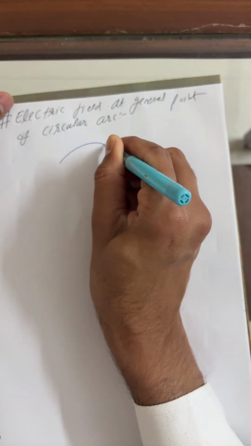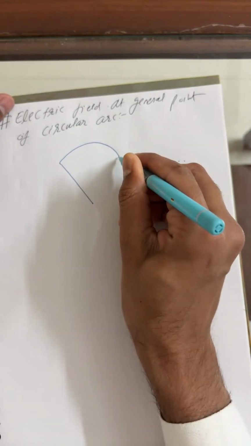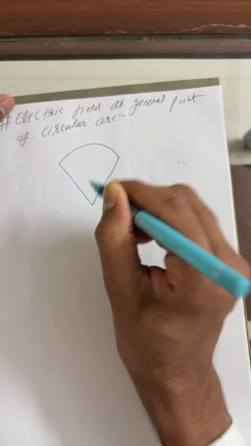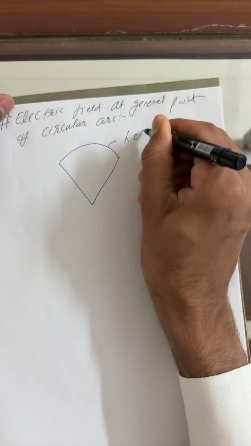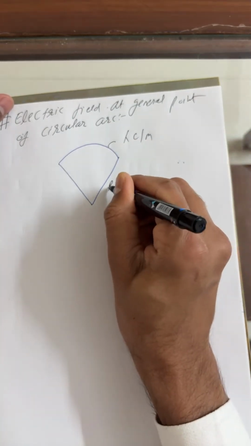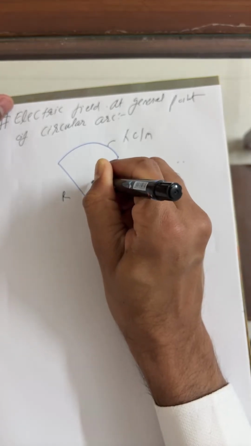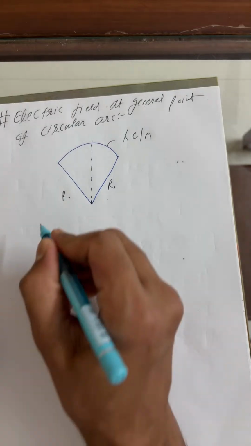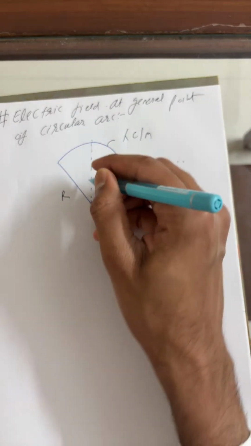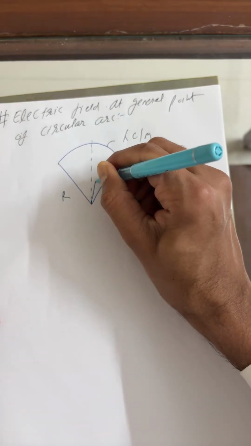Let us suppose I'm considering a circular arc. This is the radius of this circular arc, with charge lambda coulomb per meter. This is the radius r. Now students, the same point you can apply for a ring here.